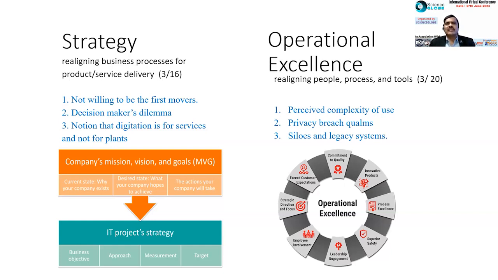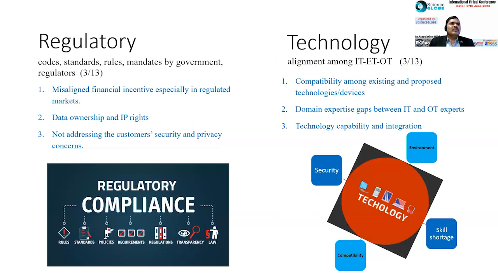Coming to operational excellence, out of 20 factors, 3 are the salient ones: perceived complexity of use, privacy breach qualms, silos, and legacy systems. Coming to regulatory: misaligned financial incentives, especially in regulated markets, data ownership and IP rights, and not addressing the customer's security and privacy concerns.